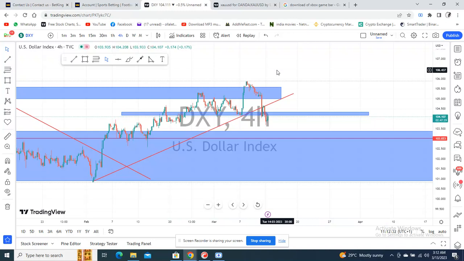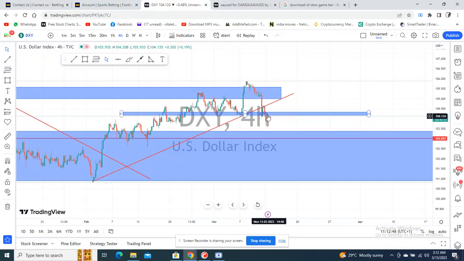I'm still expecting it to go to around 107 or 108. But as a result of the impulse move, the price was supposed to reverse, but instead of reversing here, it broke this particular supply and demand zone, demand now becoming supply.